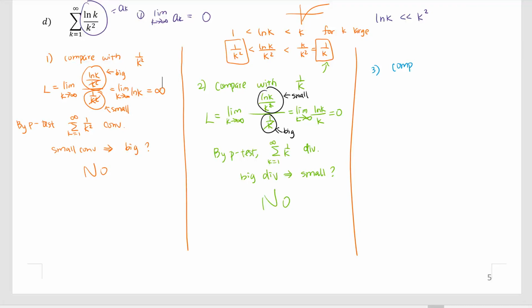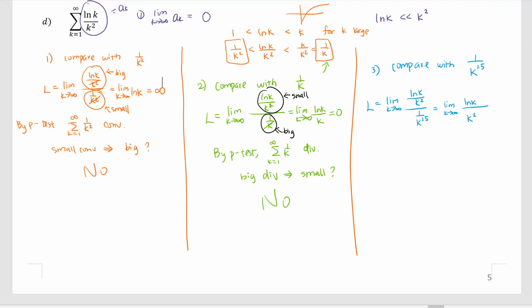So let's try somewhere between. Okay, so let's compare with somewhere between. How about k to the 1.5? Okay, then L is our series over the series we want to compare with. What does that mean?